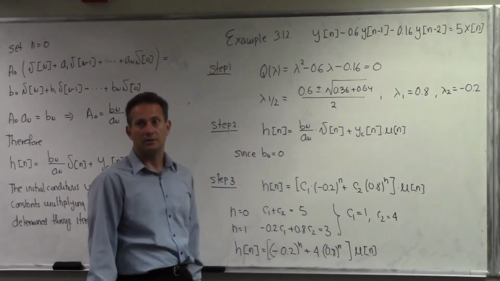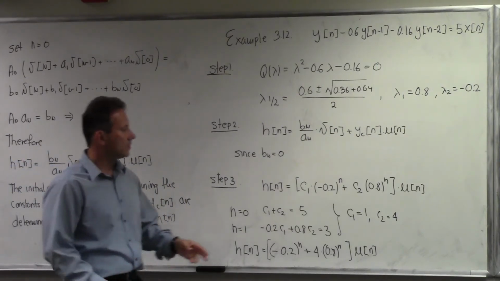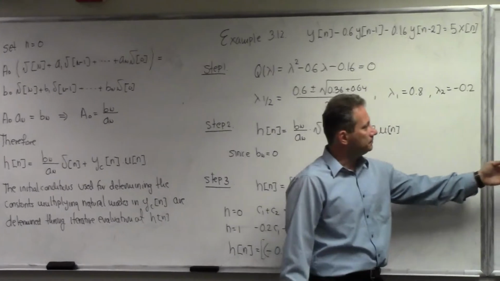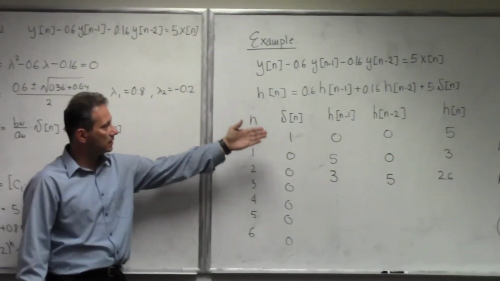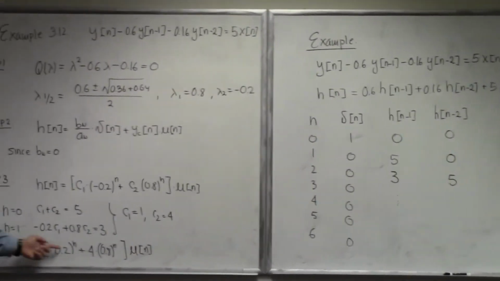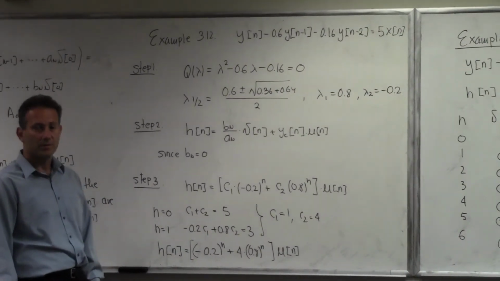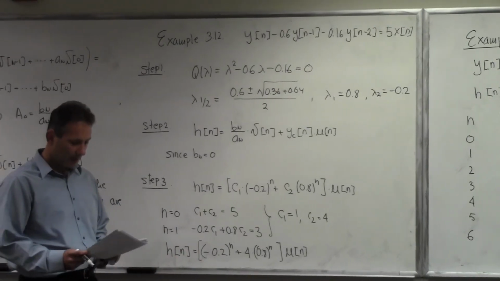And you can see that it kind of matches that response over here. Now, this one gives us the right numbers, as I said, but there's no insight. This one actually tells us, and helps us easily predict the value of this impulse response for any arbitrary n.